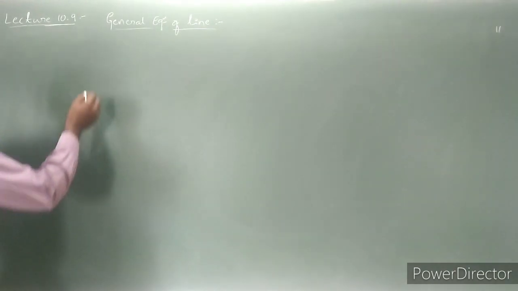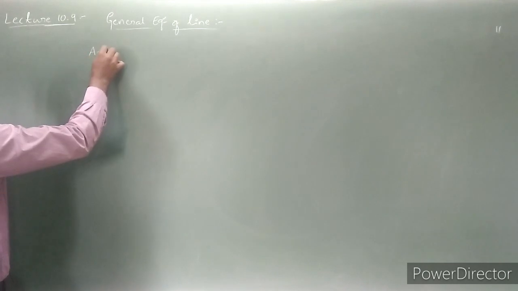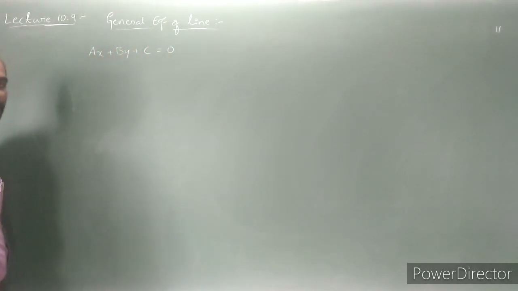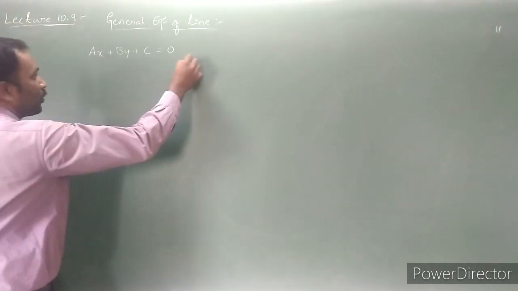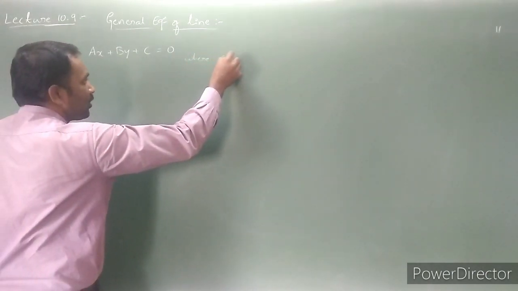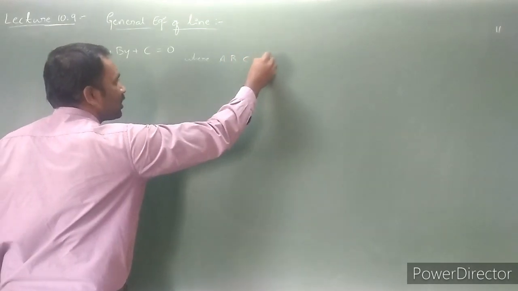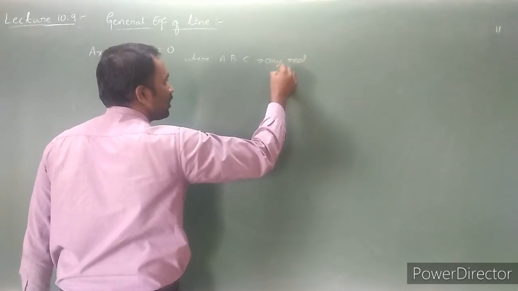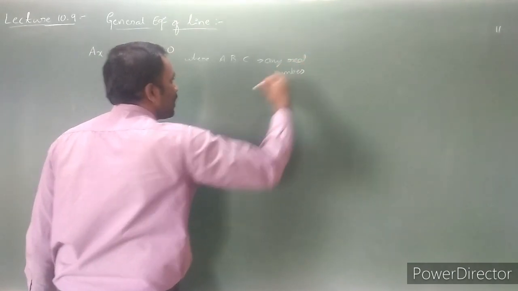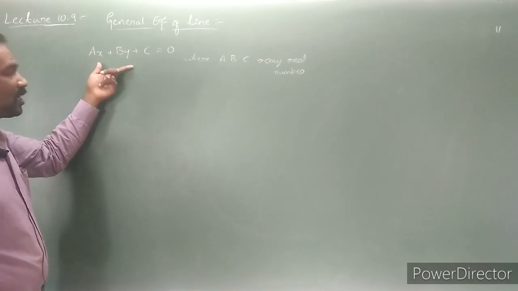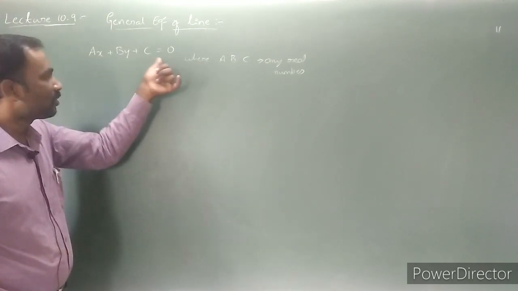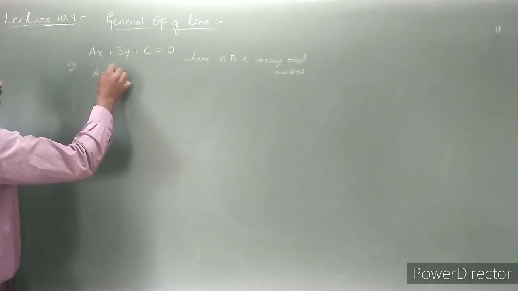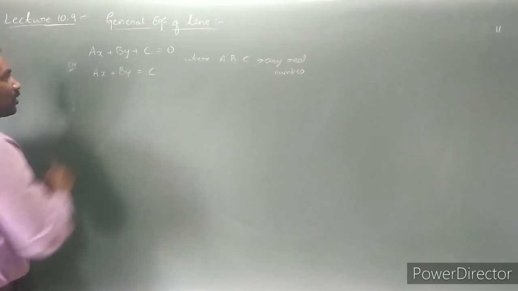In the same manner, here I consider one equation: Ax + By + C = 0, where capital A, B, C are any real numbers. Then the general equation of the line is Ax + By + C = 0. Some people write it as Ax + By = C.